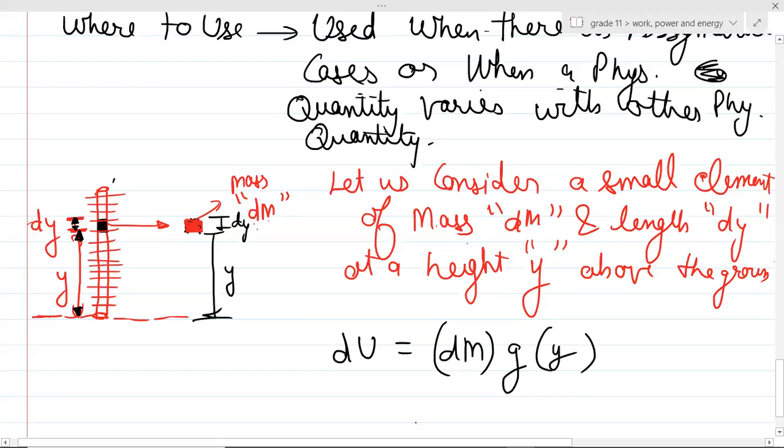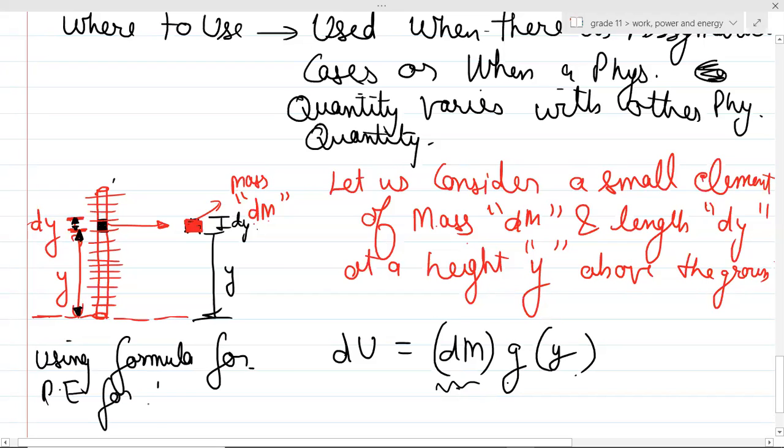Y, right? This is mass into g into h. I am using the same formula, but I am not using it for the whole rod. I am using the formula for potential energy just for the small element.